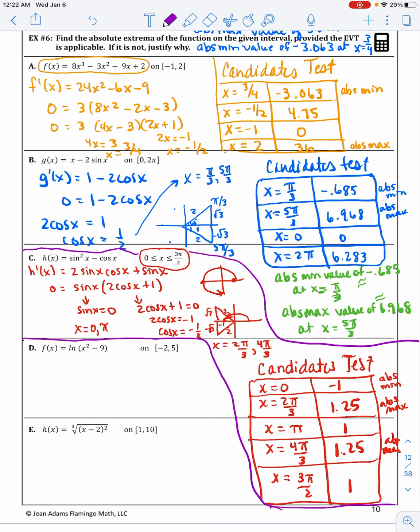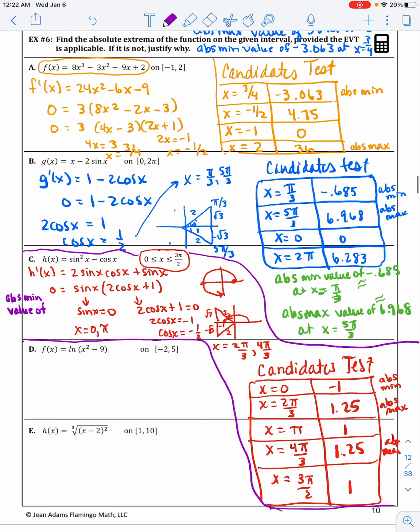I'm going to say that we have an absolute min value of -1 at x equals 0.